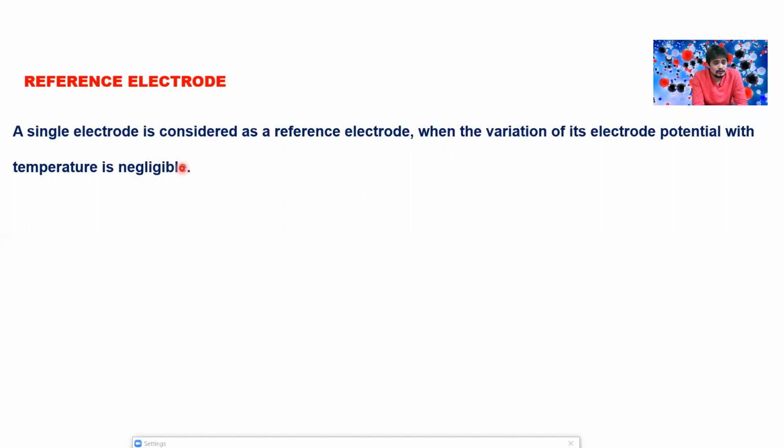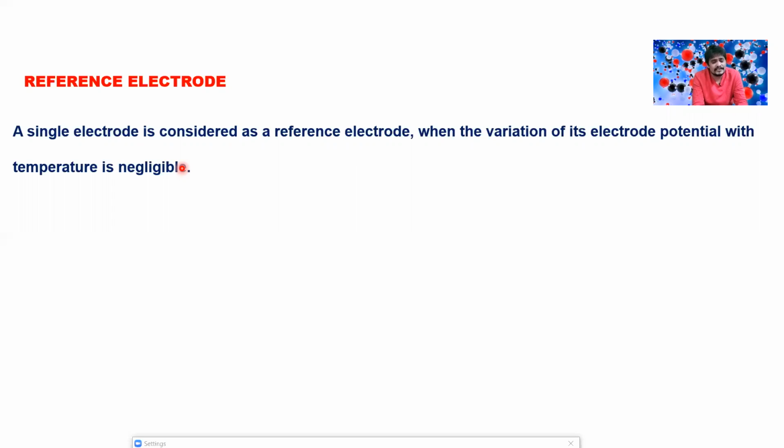But the reference's value should not fluctuate. So which electrode should be chosen as the standard or the reference? Definitely that electrode whose electrode potential variation with temperature is negligible.